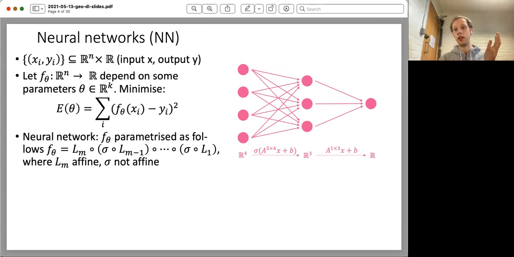Then you have 1 million inputs. And if your next layer should be 100 dimensional, then you already have 100 million parameters. It's very difficult to minimize over such a big space of parameters. So that's the thing people dislike about neural networks, and that's why they came up with convolutional neural networks.